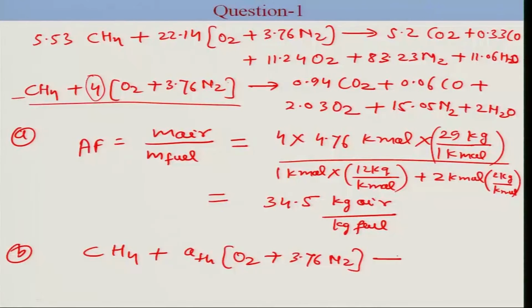Since complete combustion will take place, so the product stream will contain CO2, H2O and nitrogen. Okay. So CO2 plus 2H2O plus 3.76 A theoretical into nitrogen.